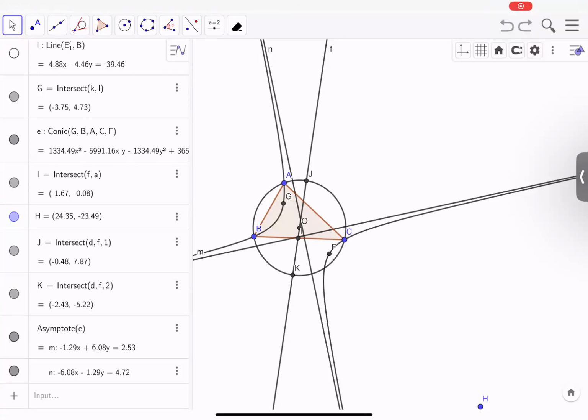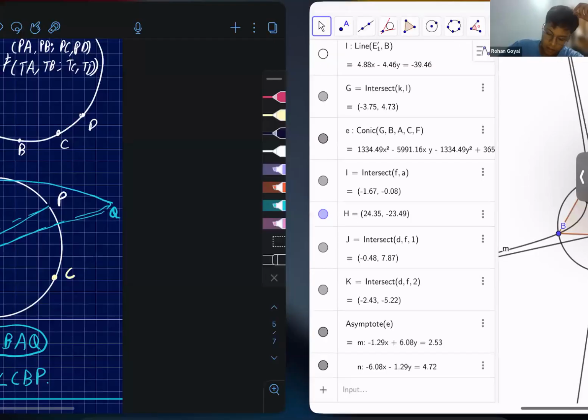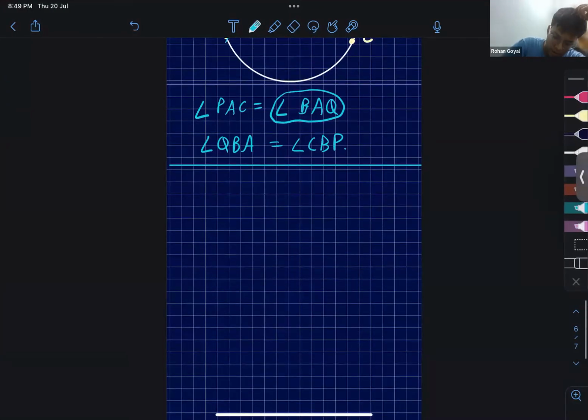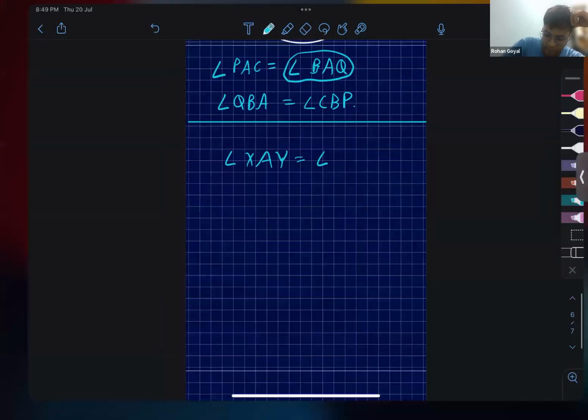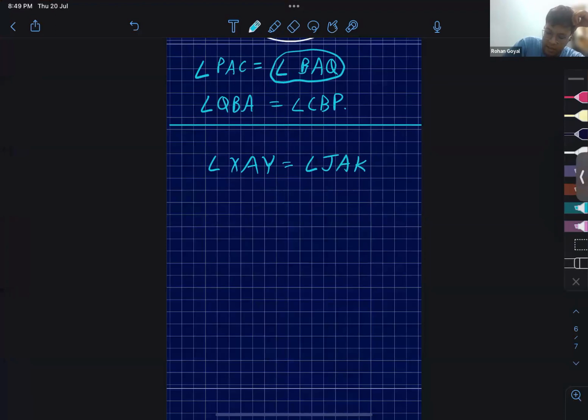Angle x a y, let's say x and y are the isogonal conjugates, is equal to angle j a k, just because line x a is the reflection of line j a over the angle bisector, and line a y is the reflection of line a k over the angle bisector. Because the points at infinity were the isogonal conjugates of the intersections with the circle, right?